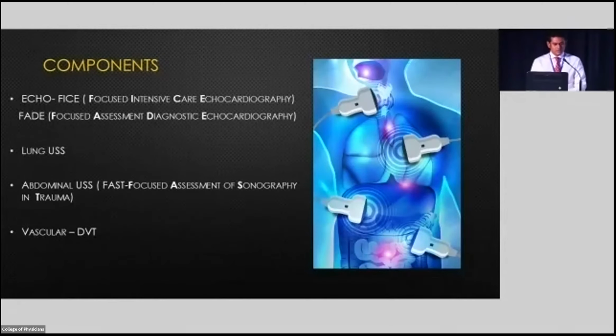Abdomen: FAST, the focused assessment with sonography in trauma. This came from trauma. They used to scan the abdomen using ultrasound mainly to detect fluid. And also vascular, especially in the intensive care setting, we use it for vascular catheters, but you can also use it to diagnose conditions like deep vein thrombosis in an appropriate clinical setting.